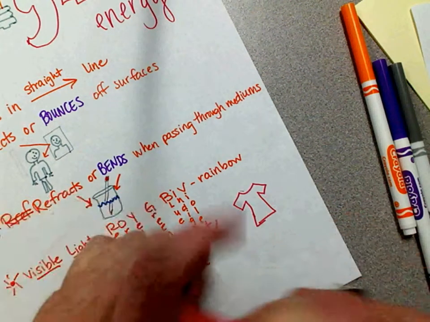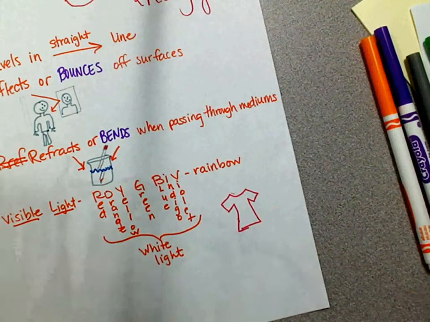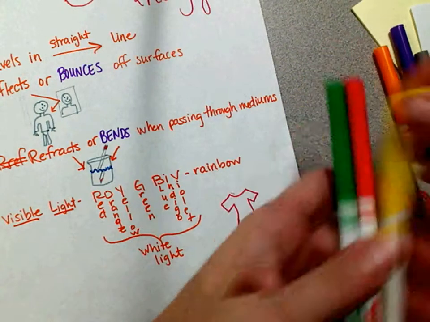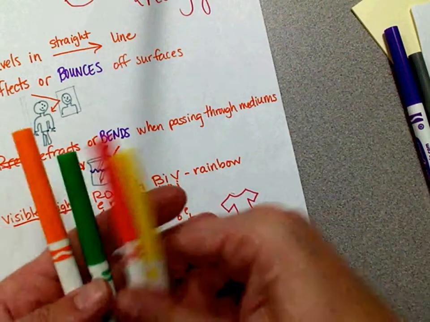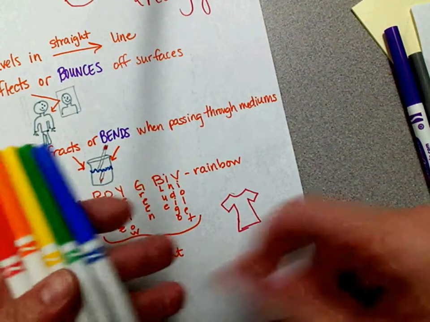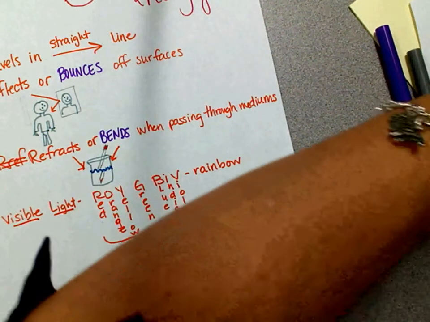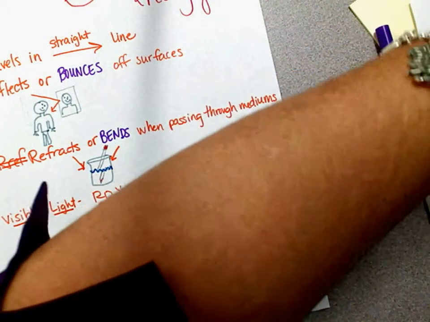I've got white light shining, red, orange, yellow, green, blue, dark purple, and purple.